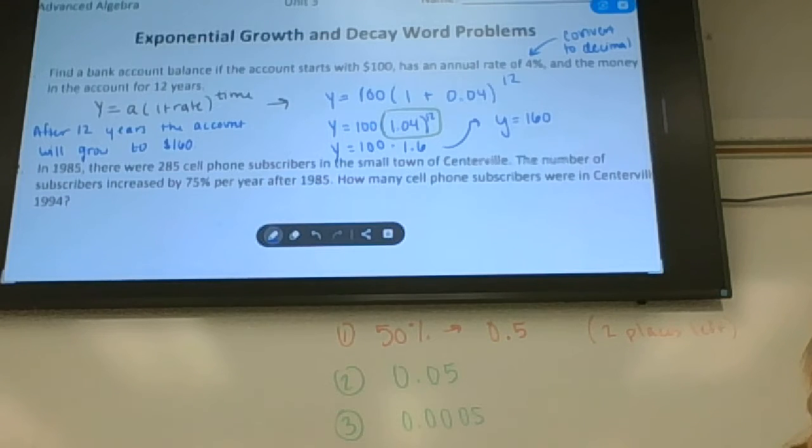I want to say and 10 cents, people. For this, all of our money, let's go all the way down to cents, okay? $160.10. Did you guys get that in your calculator, the 10 cents? Okay.